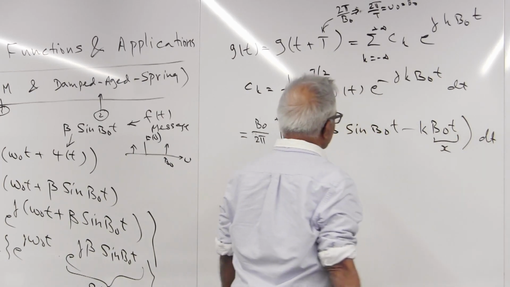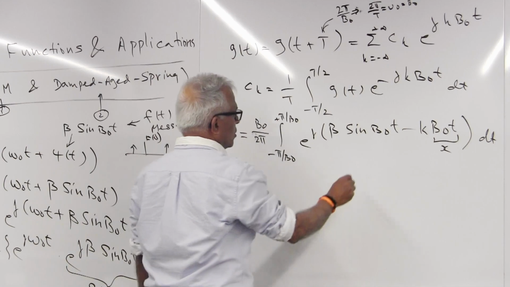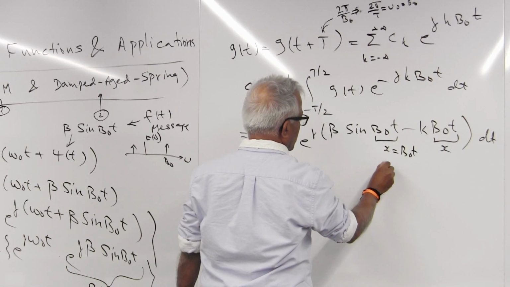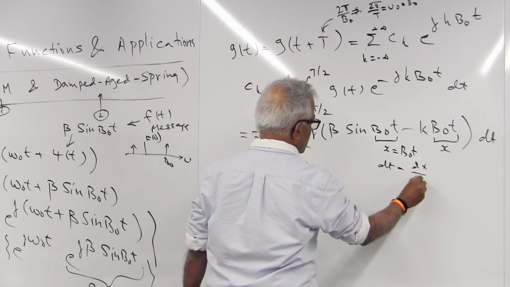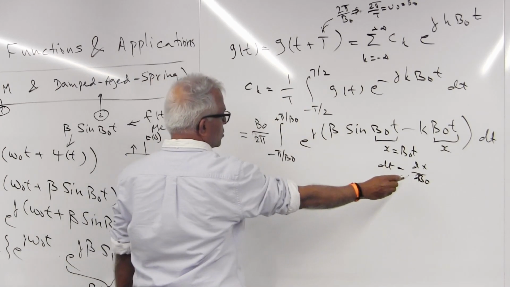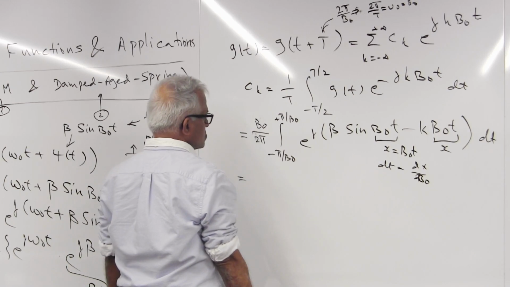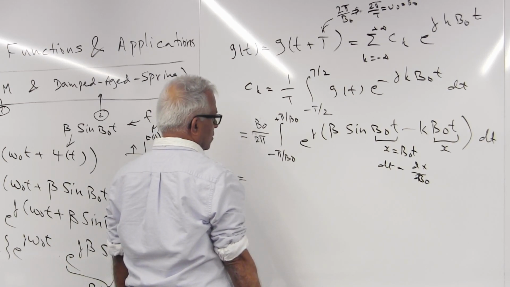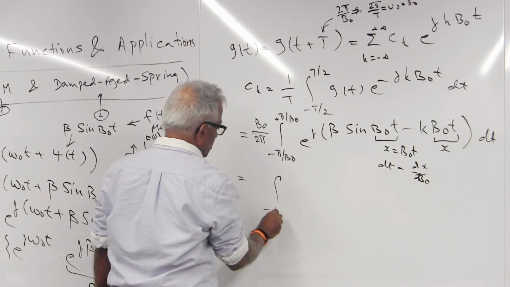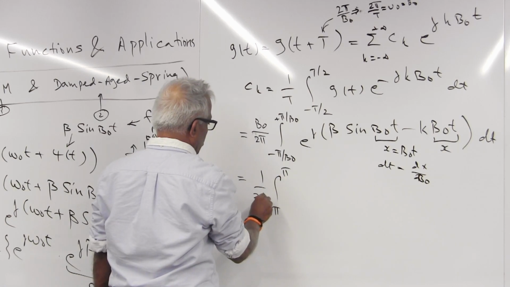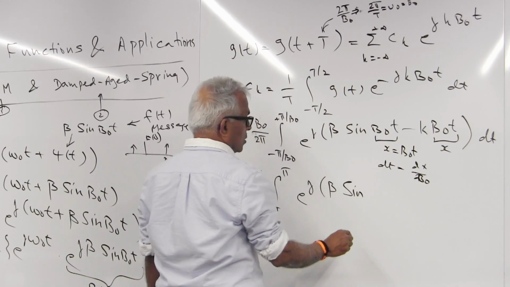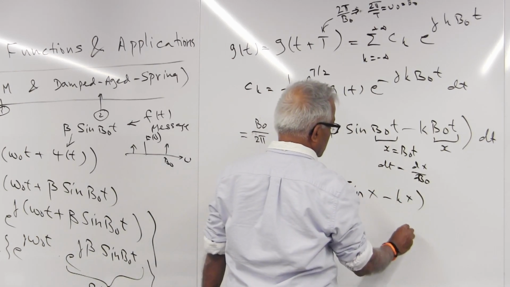Here we can make a change of variable. Define x to be b naught t, so dt is dx over b naught, and the b naught cancels. When t is minus pi over b naught, x is minus pi. So this goes from minus pi to pi, 1 over 2 pi, e raised to j beta sine x minus kx, dx.